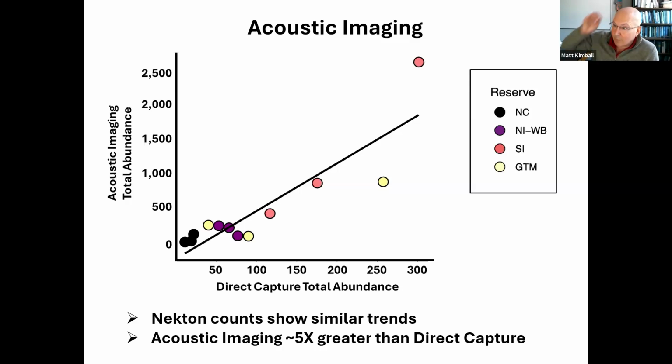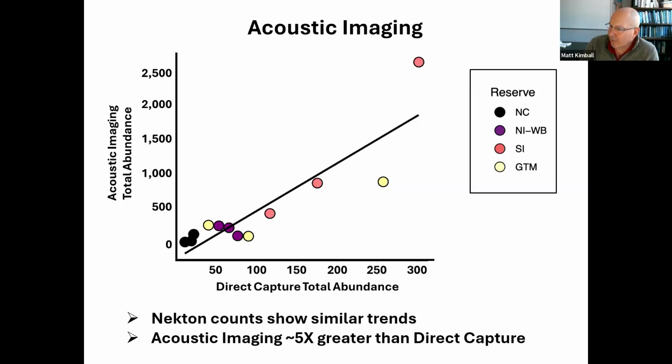Nekton counts were similar for both. The acoustic imaging got about 5 times more animals than the direct capture, but it followed the same trend: where we got more animals, we saw more detections in our acoustic imaging recordings. So that's pretty good agreement between those two methods.